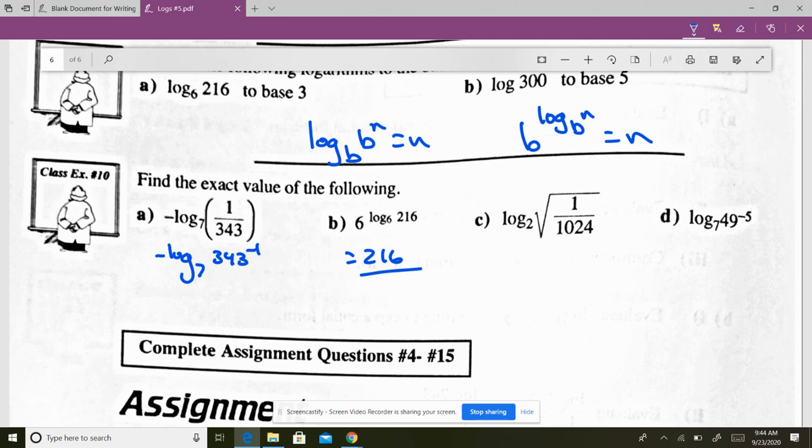Now, the 343 you made into base 7. I can. Anybody know what it is? 7 cubed, exactly. 7 to the power of 3. And it'll become negative 3, right? Because you'd multiply by that negative 1. What is my answer? Positive 3, because you have this negative here times this negative 3, which gives me 3.